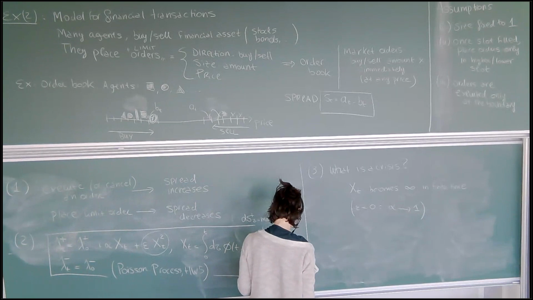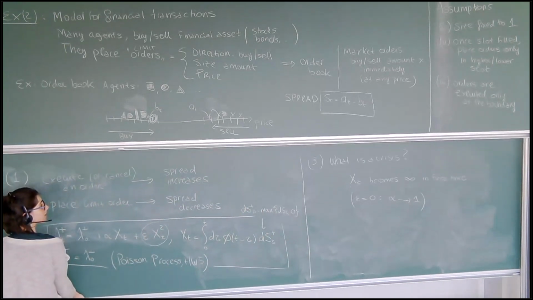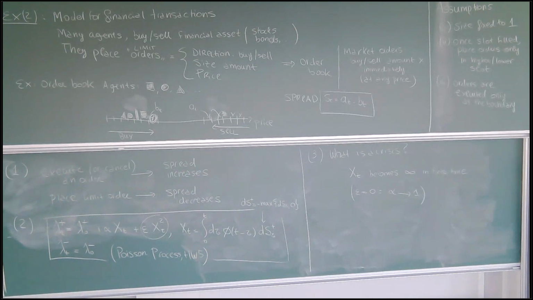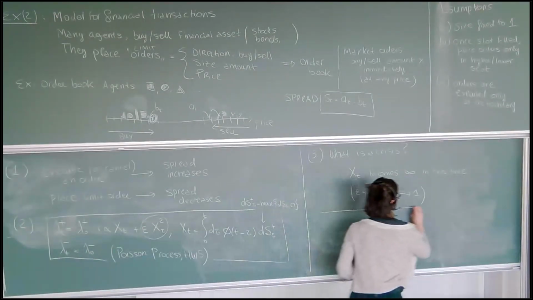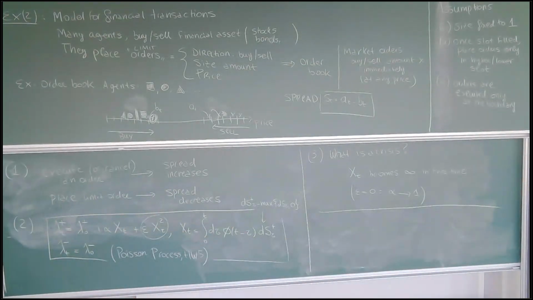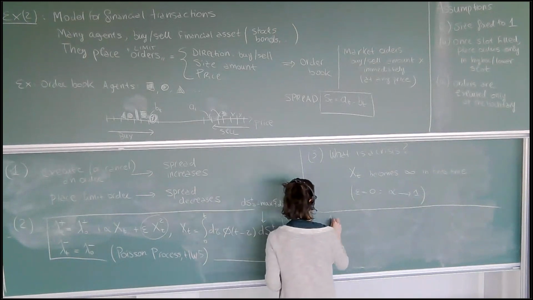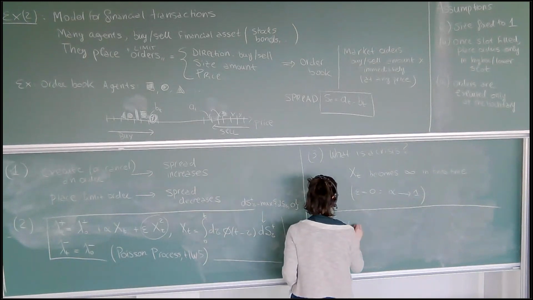Okay, so let's do this. So this was a little bit an introduction to the model. And now to actually do the proper calculation, let's simplify it further. So what we do from now on is forget about the events that decrease the spread. So I will put this lambda 0 minus exactly equal to 0.